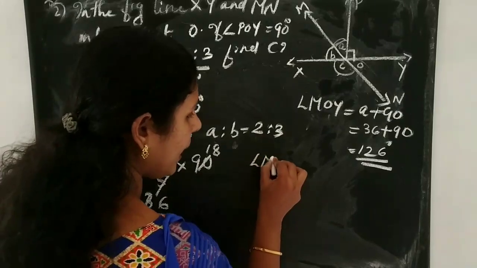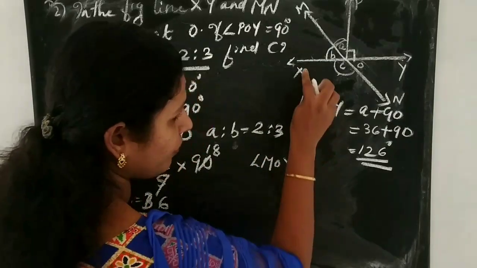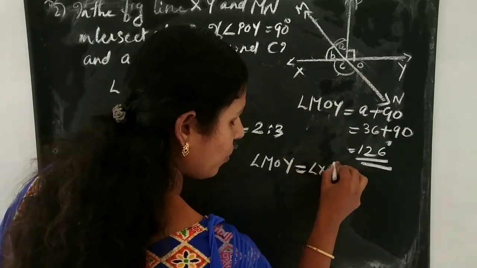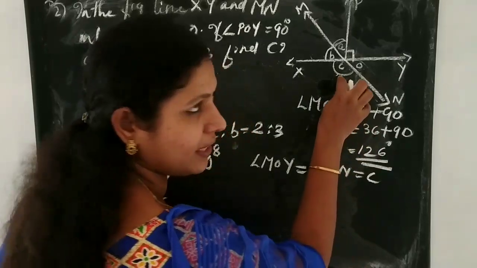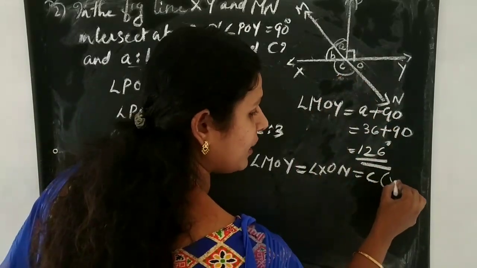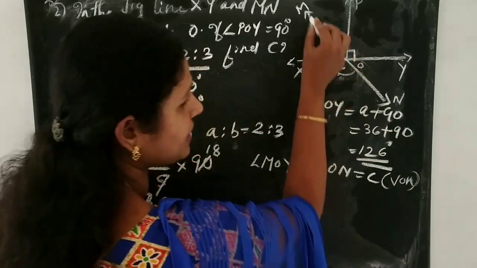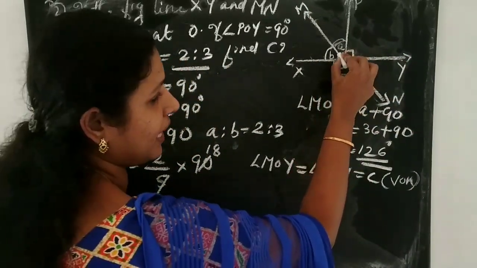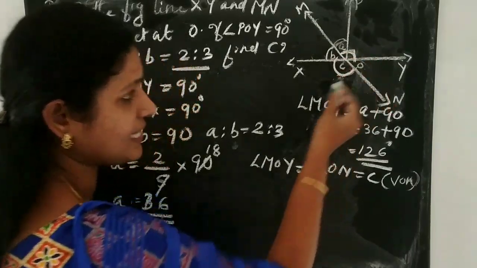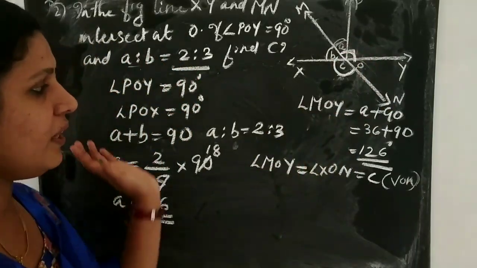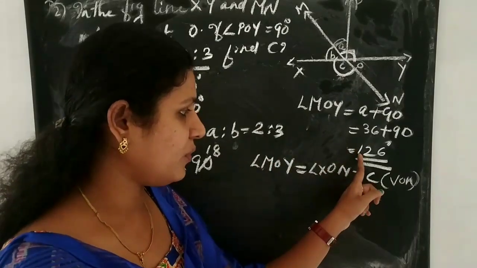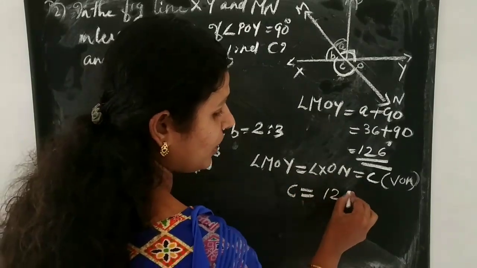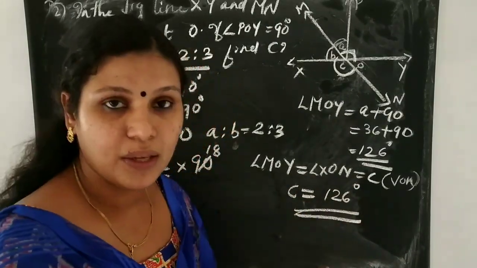And angle MOY equal to angle XON, that is equal to C, isn't it? What's the reason? Vertically opposite angles, because XY and MN lines intersect at O. So this angle and this angle are just opposite. We know the angle MOY is 126 degree, so angle C is 126 degree. Okay, understood?